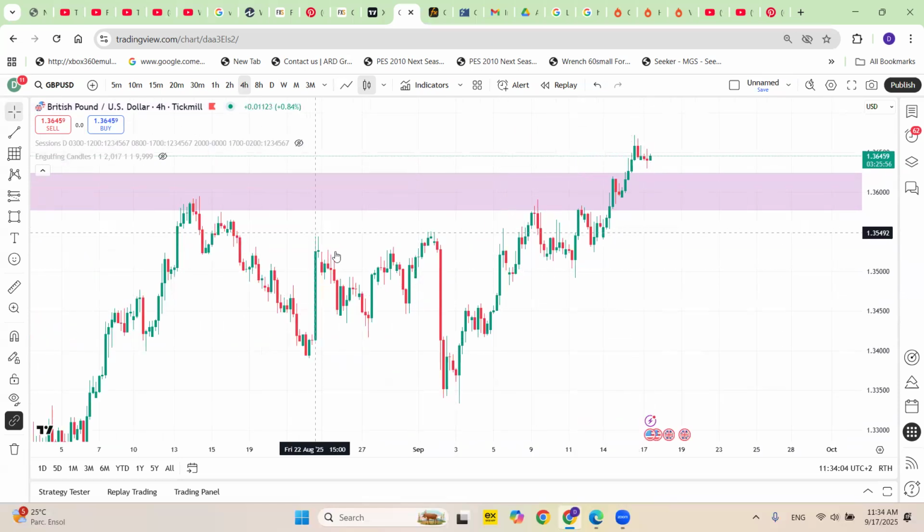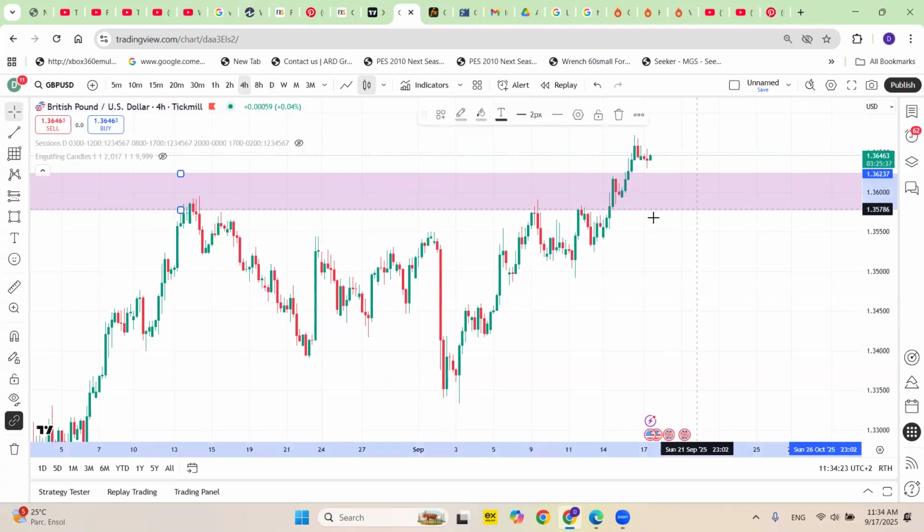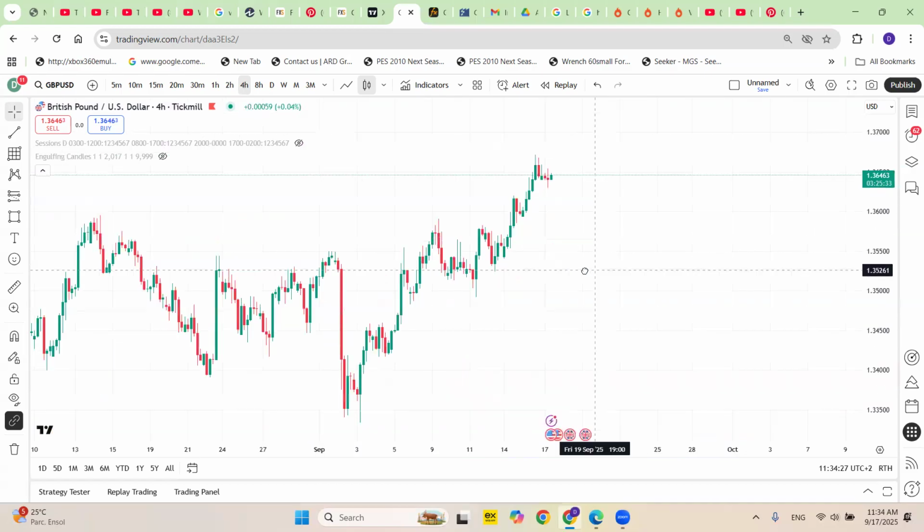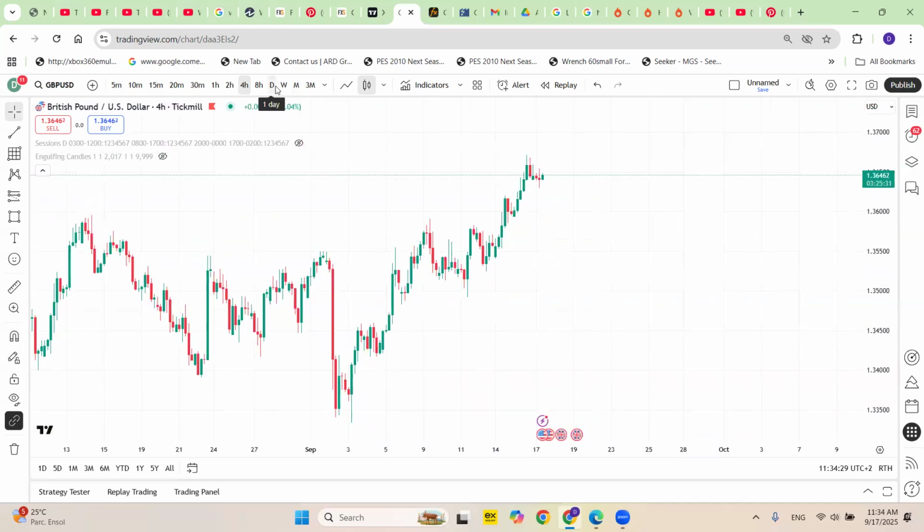So now, if you look at your Quasimodo manipulation, the zone where you wanted to sell from the weekly Quasimodo reversal, the market has been able to break that level. So can you remove the zone? Can you clear the zone? Okay, I clear the zone.